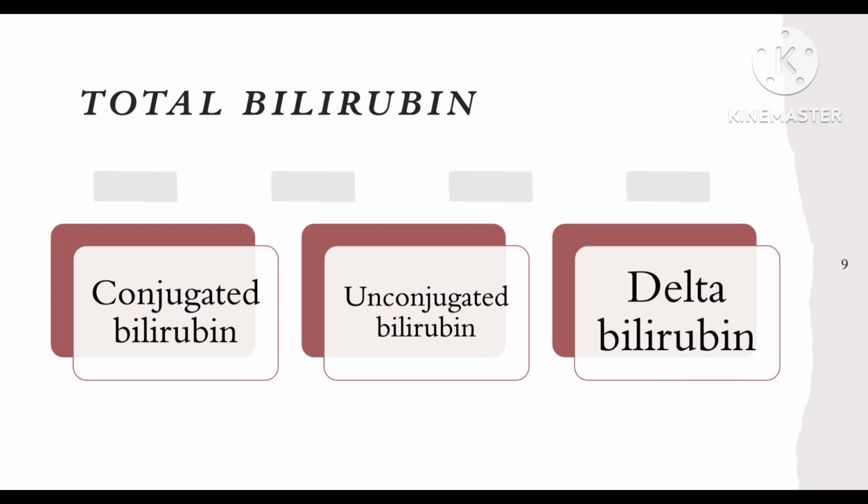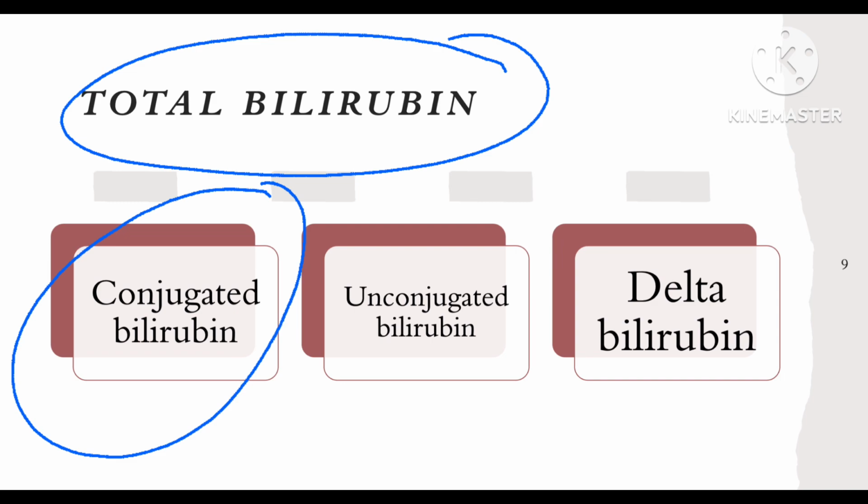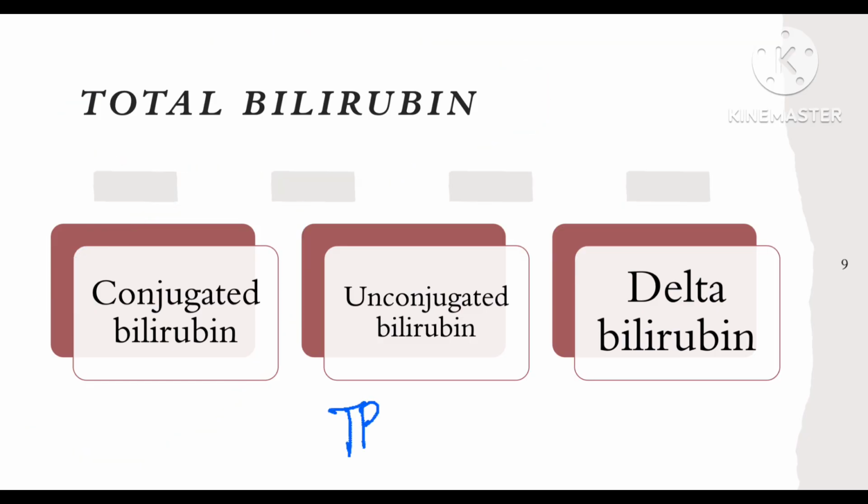So there's actually no need for us to separately compute for the delta bilirubin. What is detected in the laboratory machines would be the conjugated bilirubin and the total bilirubin. And in order for us to get the unconjugated bilirubin, we have to subtract conjugated bilirubin from total bilirubin to get the values for the unconjugated bilirubin. Is that clear?